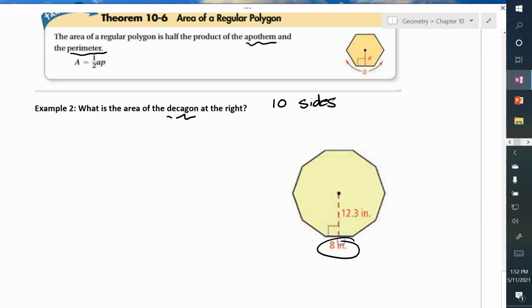Each side is 8 inches because this is regular. So my perimeter is going to be 8 inches on one side times 10 sides total. So that's going to give me 80. And the apothem, I'm told, is 12.3.